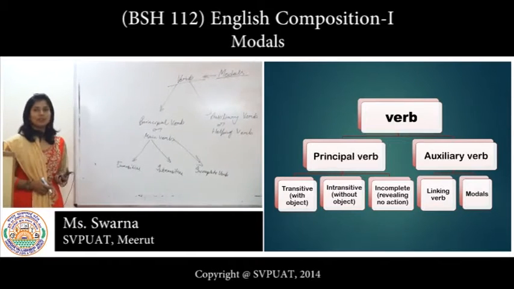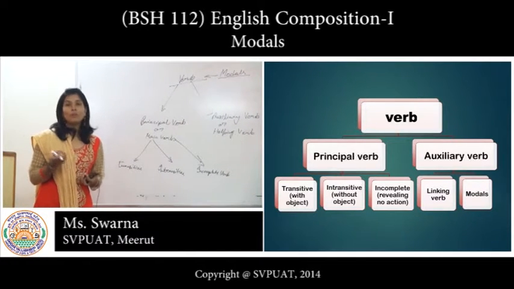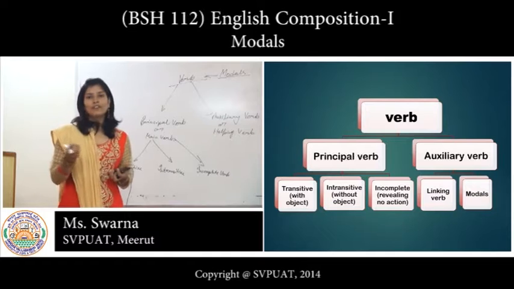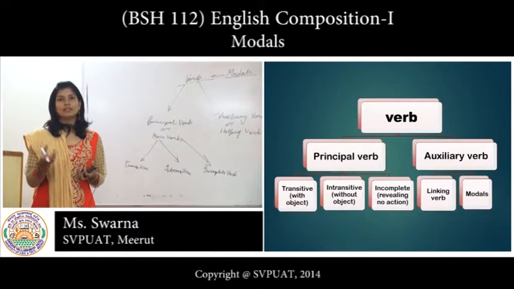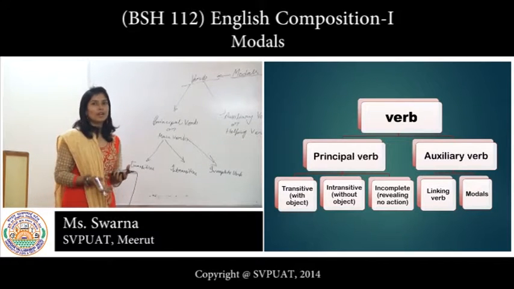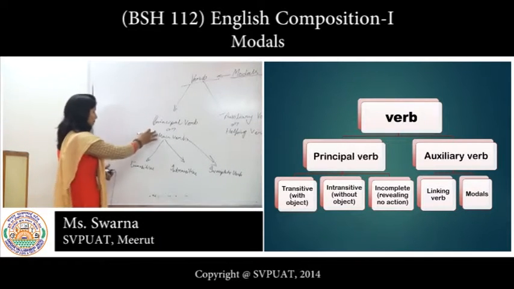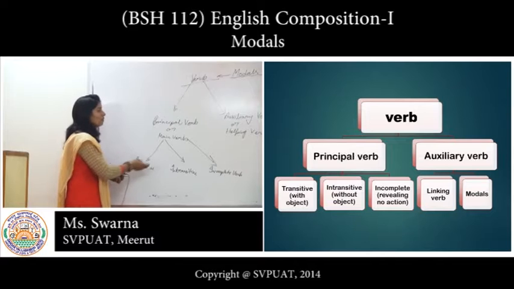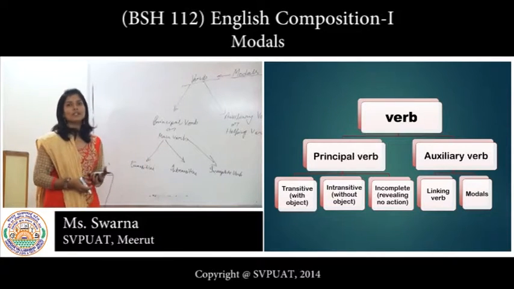What is a transitive verb? Main verbs like read, write, listen, hear, see, eat, go, come are under the category of principal verb, and transitive verb is a part of principal verb, or you can say main verb.